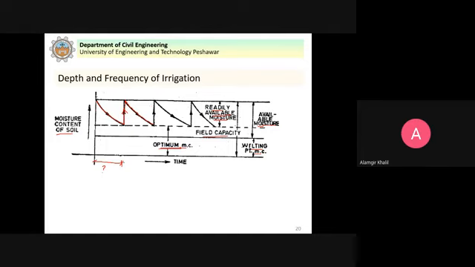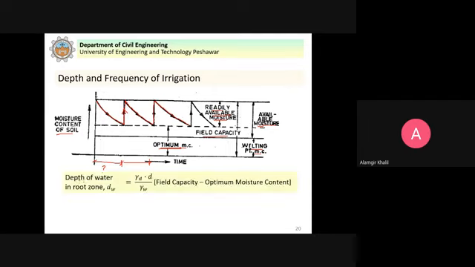So again, after this time period, we have to supply water artificially to the crops to bring the moisture content to the field capacity. Again, it is used by the plants, and this will continue for the entire growth period of the crops.